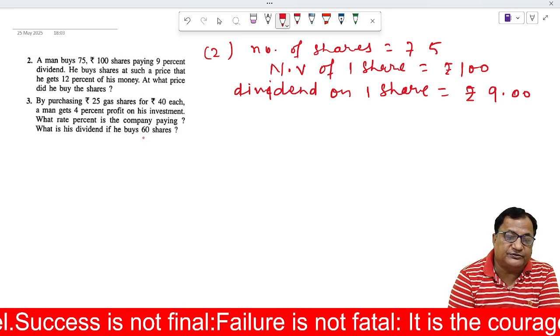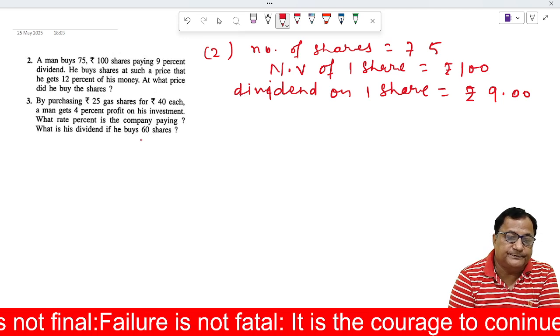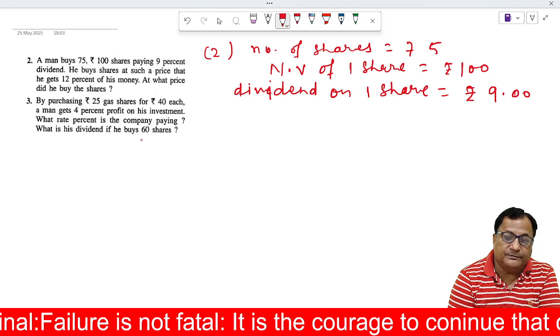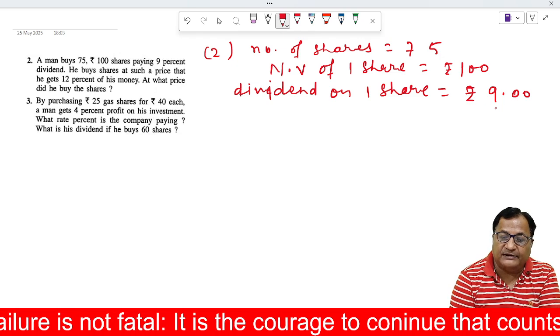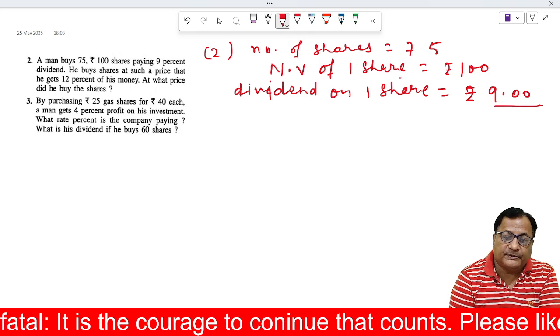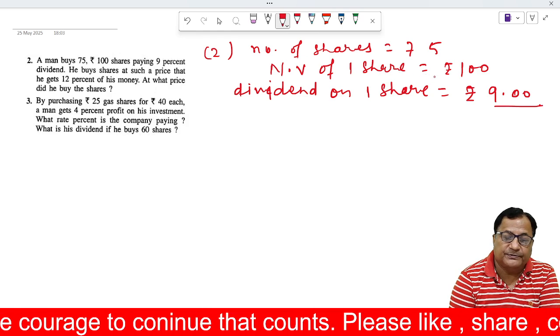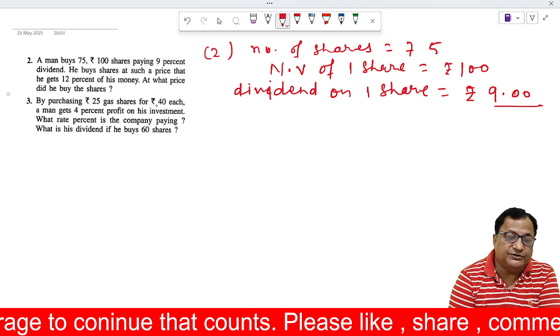He buys shares at such a price that he gets 12% of his money. Means 9 is 12% of the market value of one share. So at what price did he buy?